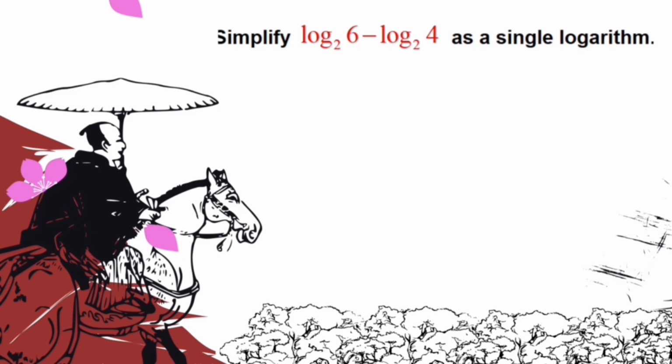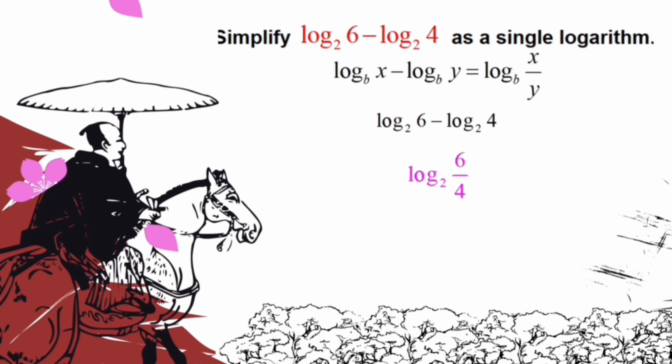Using the quotient rule formula, log of 6 base 2 minus log of 4 with base 2 is equal to log of 6 over 4 base 2. Both 6 and 4 have a common factor of 2, so log of 6 over 4 with base 2 is equal to log of 3 over 2 base 2. And just like that, complex fractions vanish.